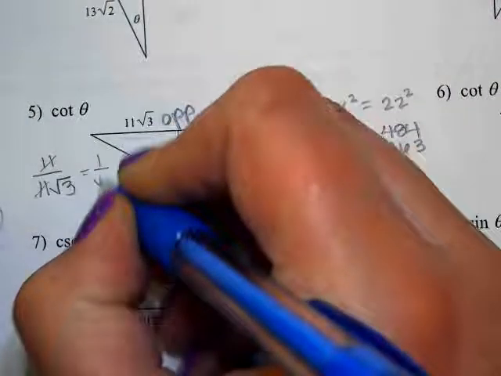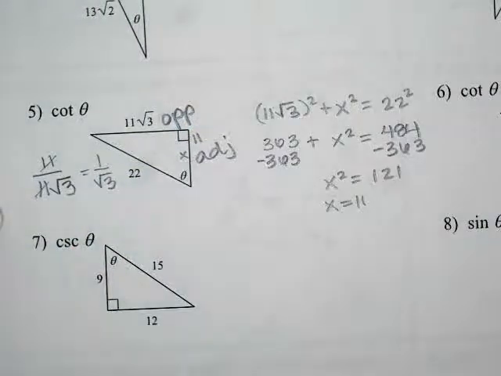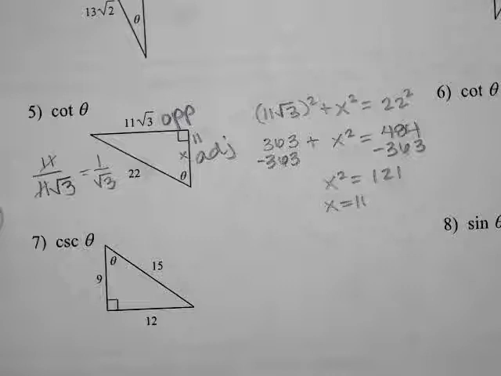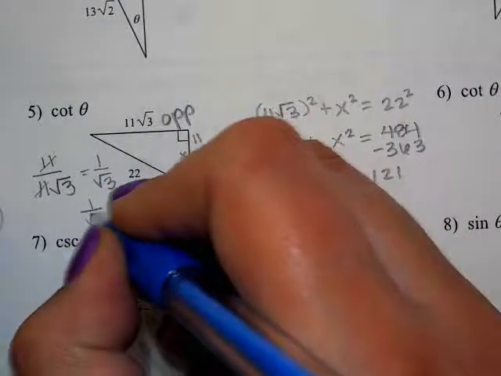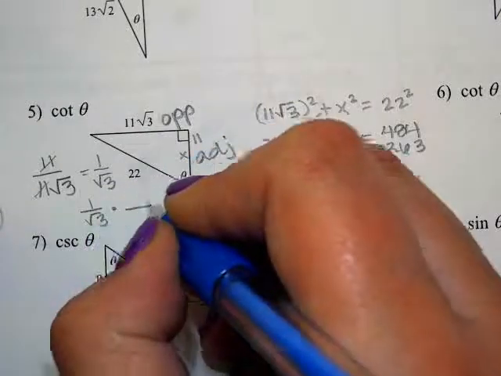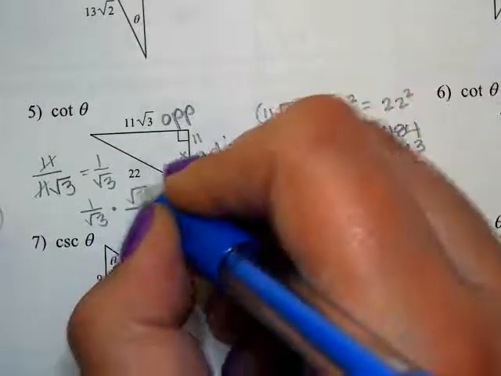And if we want to fix the radical on the bottom, how do we fix that? Okay, so I'm going to have 1 over root 3, and I'm going to multiply it by a fraction. And that fraction is going to be root 3 on the top and root 3 on the bottom. And then on the top, what are we left with?